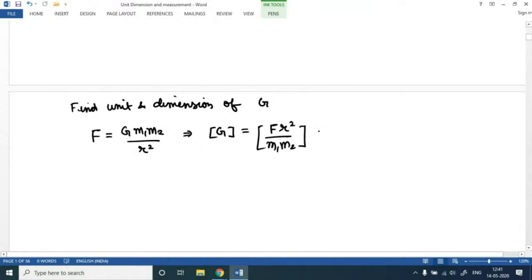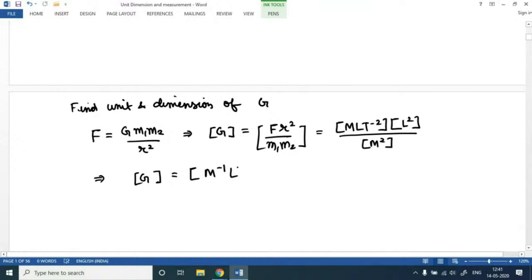You should realize dimension of F is nothing but MLT minus 2. Dimension of r square would be L square, and the dimension of m1 m2 would be M square. When we combine all these, G can be represented as M to the power minus 1, L to the power 3, T to the power minus 2.